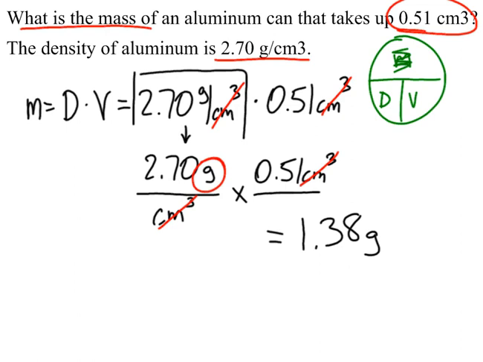Well, the density of a substance, I'm not sure if I mentioned this, never changes. So the density of an aluminum brick, the density of an aluminum can, the density of an aluminum beam is 2.7 grams per cubic centimeter. Because of that, if I had a piece of aluminum that took up that much space, it would have 1.38 grams of mass.